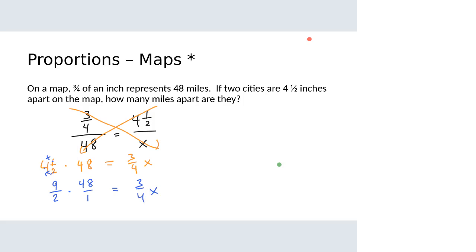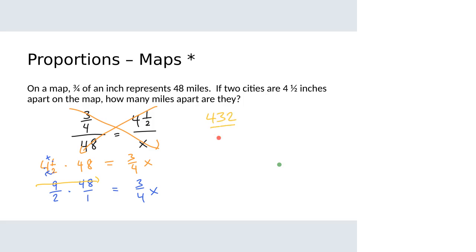I could reduce over here, and this 2 will go into 48, making them 1 and 24, but I don't have to. I can just leave them the way they are and multiply the numerators. 9 times 48 in the numerator is 432.